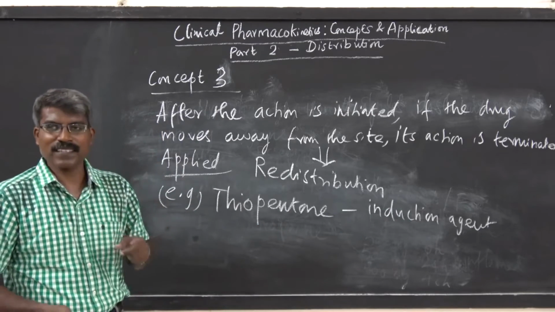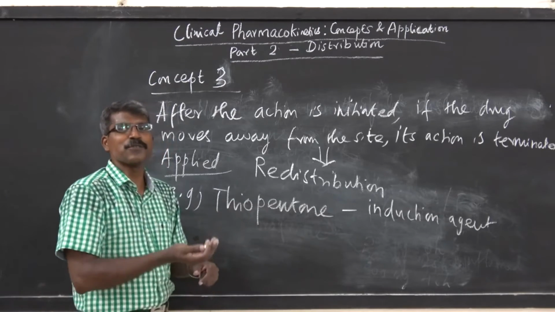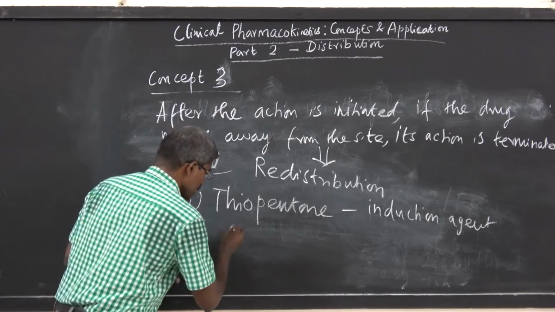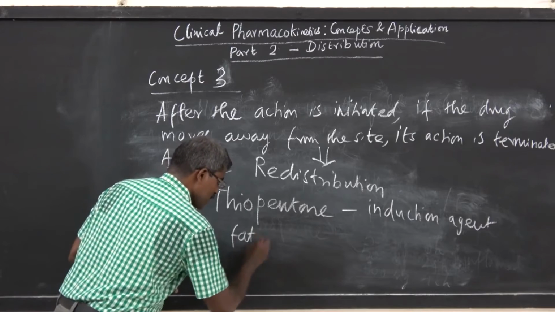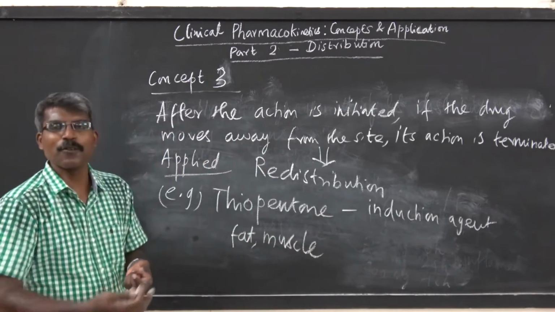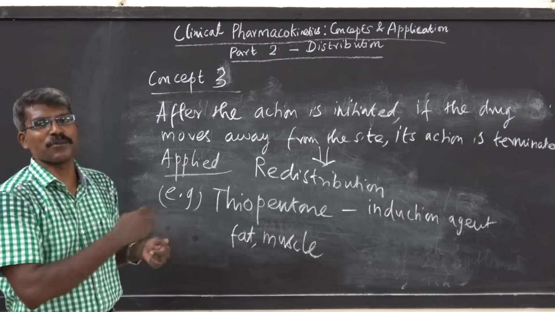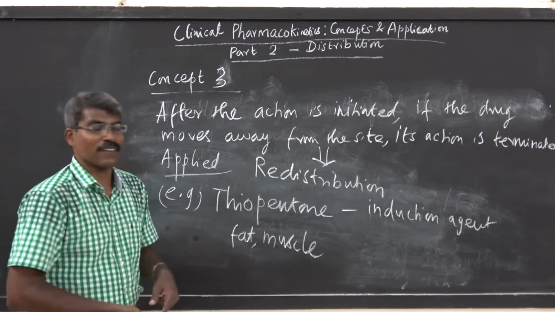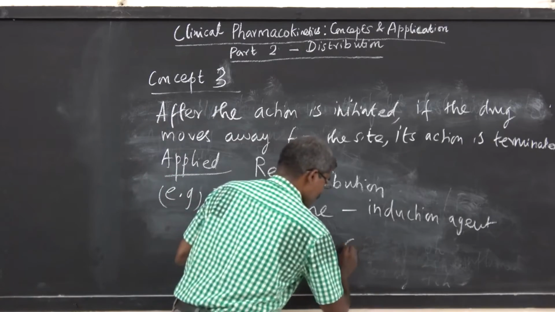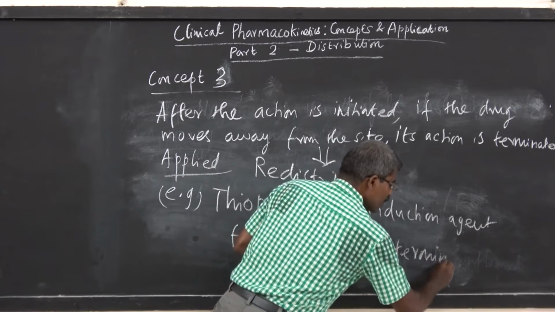Now what happens? It gets redistributed to, where does it get redistributed to? Fat and muscle. So once it goes into the brain and starts its action, it gets redistributed to fat and muscle, and hence its action is terminated.